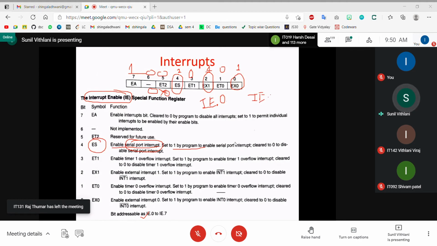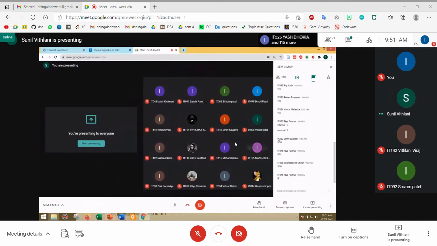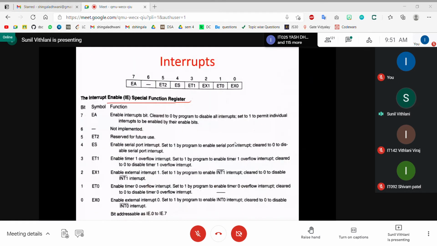If you want to enable or disable this, यहाँ पे instruction होगी set IE0, so it will make it 1, or reset, or you can say clear. According to that, we have instructions. We will see a few of the instructions related to the controller. So this is about the special function register IE, interrupt enable. Okay, so this is about the interrupt.